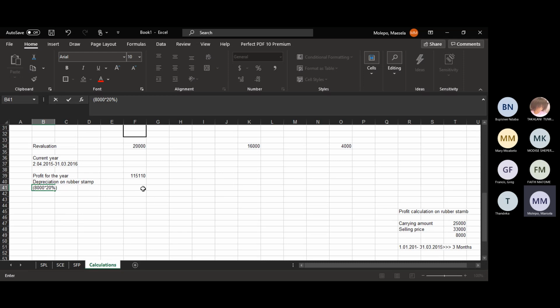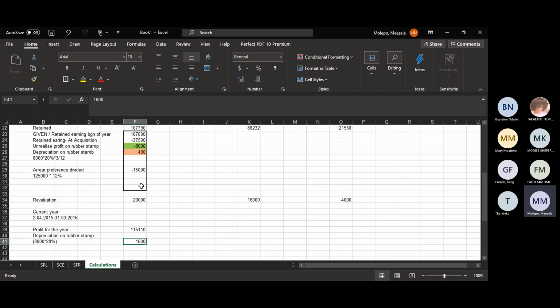So 8,000 times 20% gives us an amount of how much? 1,600. So we record the 1,600 here. And again, the 1,600 will be recorded as a positive figure.